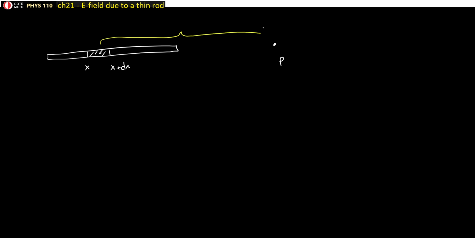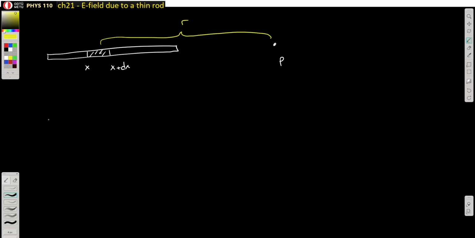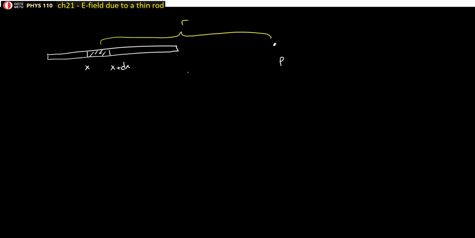With the yellow color, that distance is r. I can easily compute what r is. Because I know this length is a, and I know that this distance is L minus x. So therefore r is equal to a plus L minus x.